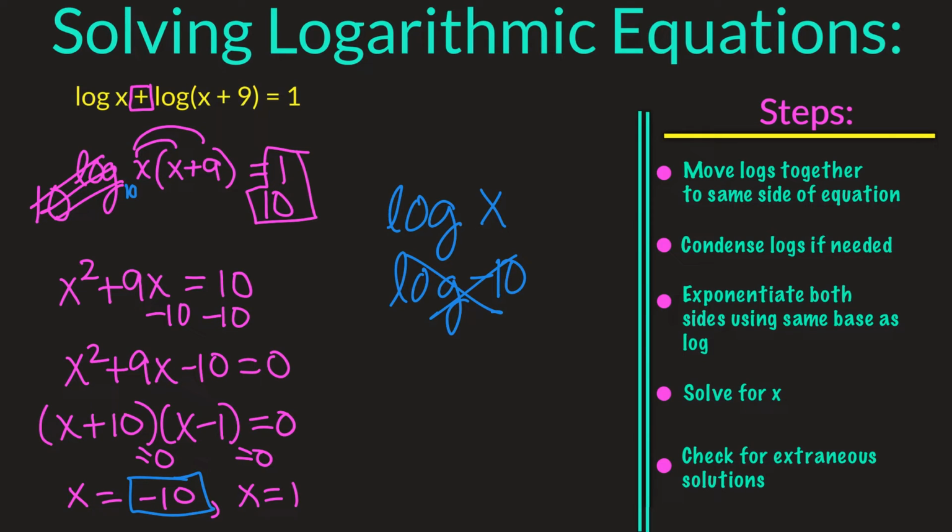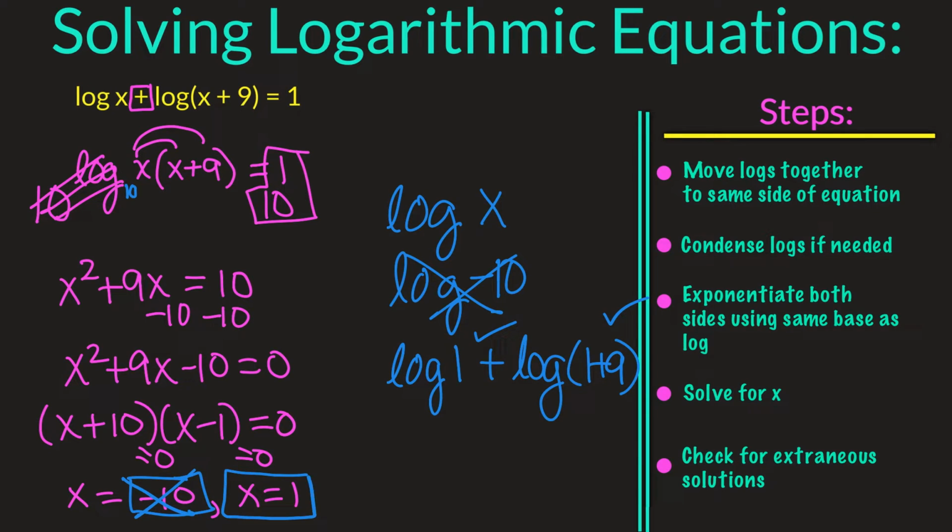So this is going to be an extraneous solution. But if we do 1, we'll have log of 1 plus log of 1 plus 9, which is 10. And so both of those check as being greater than 0. So x equals 1 is going to be your solution.